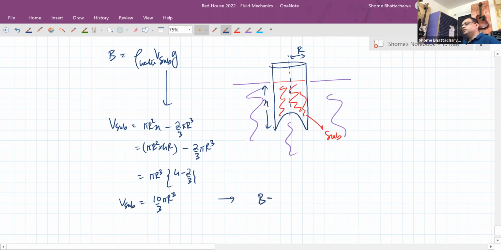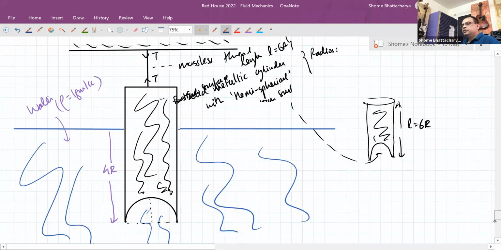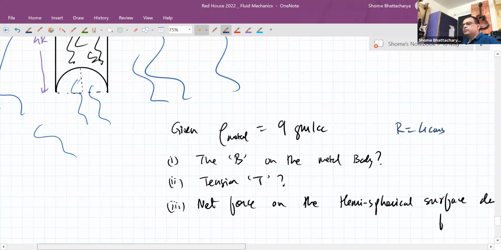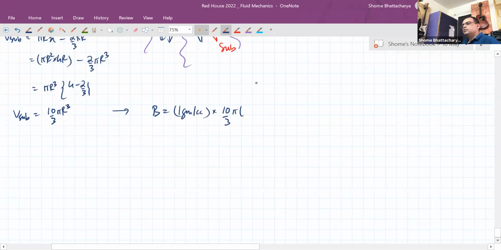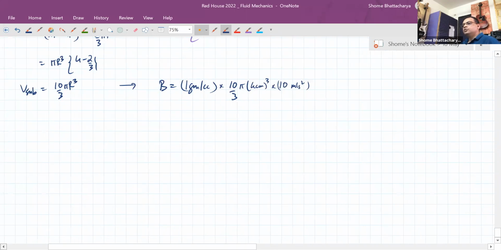So the buoyant force should be equal to 1 gram per cc multiplied with 10 by 3 into pi into, how much was the radius taken? The radius was 4 centimeters, right? Into g, if I take 10 meters per second square. So this is what the buoyant force should come out to be.